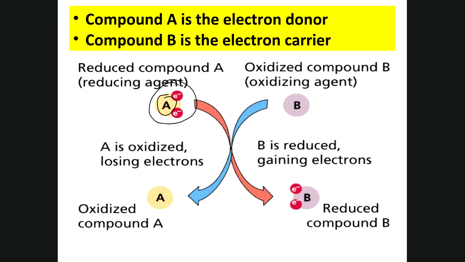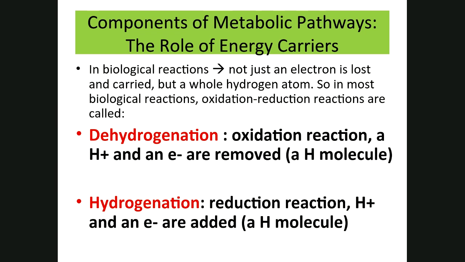molecule A is going to be oxidized. Electrons are given to molecule B, which is reduced. So in biology, oxidation and reduction happen with the removal or the addition of hydrogen ions. A hydrogen atom has one electron and one proton.